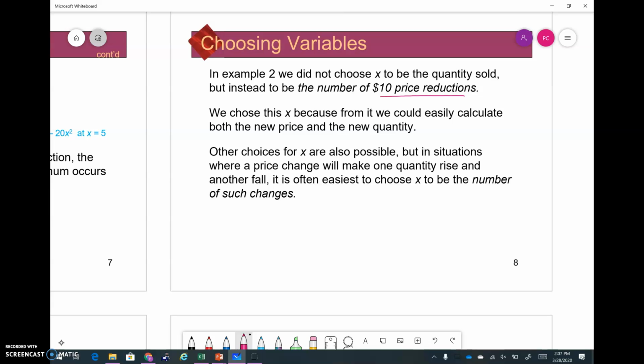Other choices for X are also possible, but in situations where a price change will make one quantity rise and another fall, so in this case, the amount we sold rose while the price fell, it's often easiest to choose X to be the number of such changes. And we're going to see that as we go through the rest of this lesson. I'm going to do the next couple of examples in the next video.